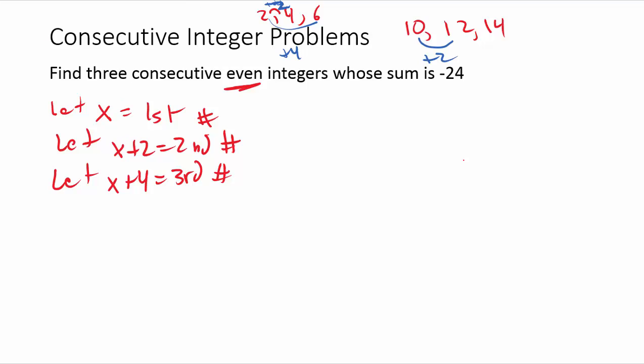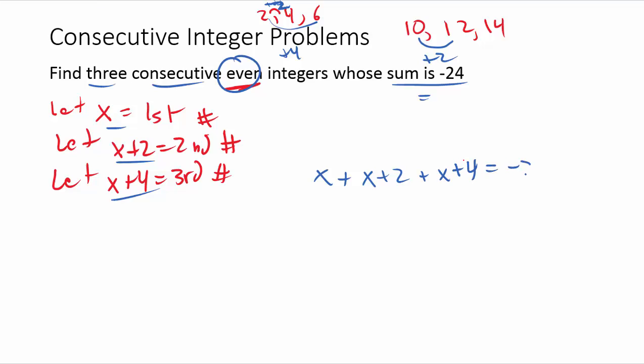Now, setting it up just like before, we need 3 consecutive even integers whose sum is negative 24. Again, that word "is" means equals. So the sum of these 3 numbers, x plus x plus 2 plus x plus 4, should equal negative 24.